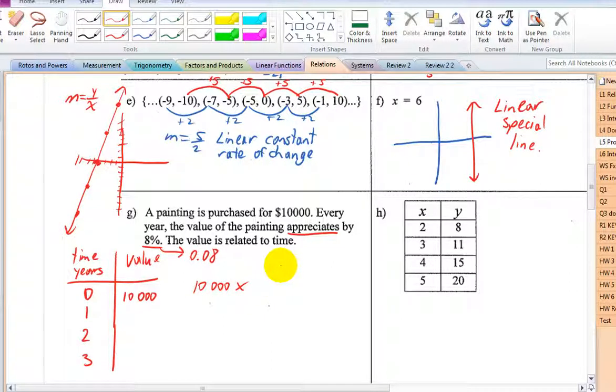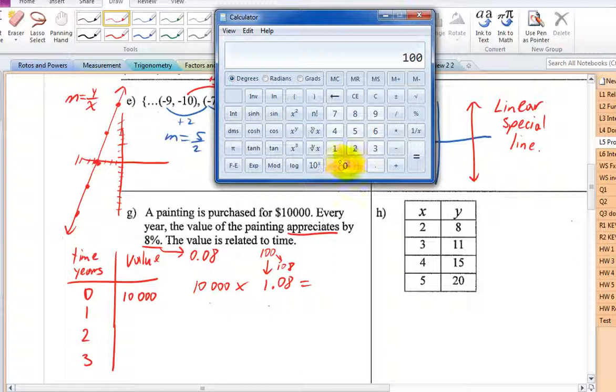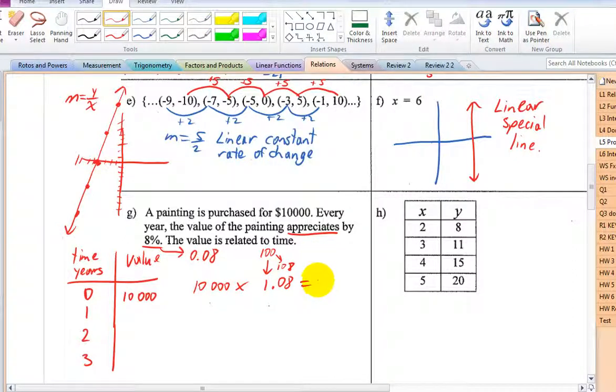So to figure out the new value, you take $10,000 and multiply it by 0.08. Really though, we wanted to multiply it by 1.08. What does the 1 do? Well, it's like 100%, so really it's 108%. It kind of does that magic adding the $10,000. So the new value would be 10,000 times 1.08, and so the next value would be 10,800.